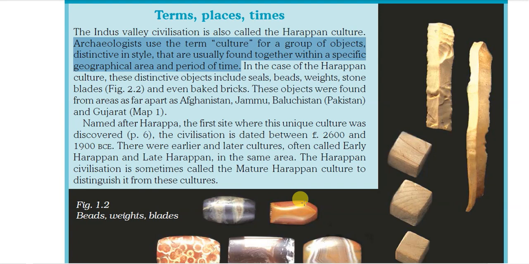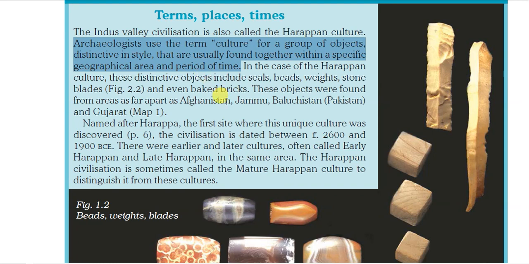So if we club them together as a group of objects, as you can see in the image, they are very distinctive in style. You will not find these kinds of objects in any other civilization, and they are found in a particular geographical area only, for example only in the Indian subcontinent for this particular chapter, and over a period of time.